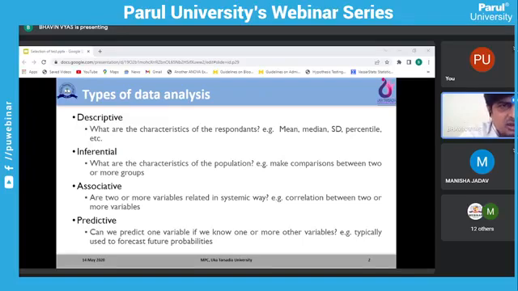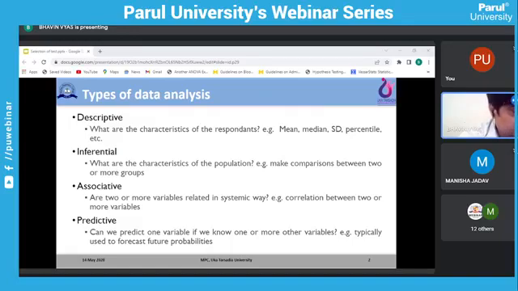So you have a dependent variable and an independent variable, and you are finding that because of change in variable A, there will be change in variable B, either positive variation or negative variation. So you want to know whether there is any relationship between the two kinds of data we have collected, and if we are doing that, that is known as associative data analysis.